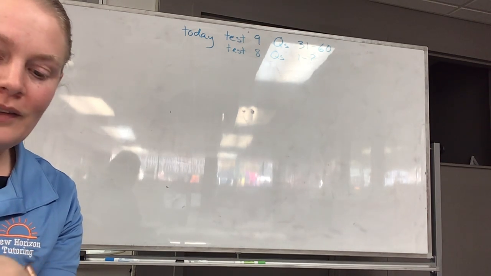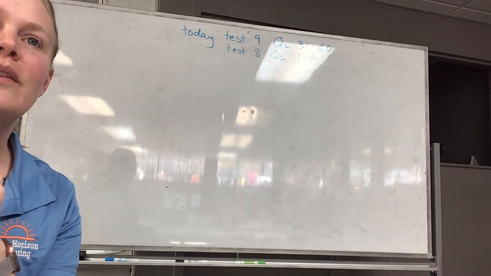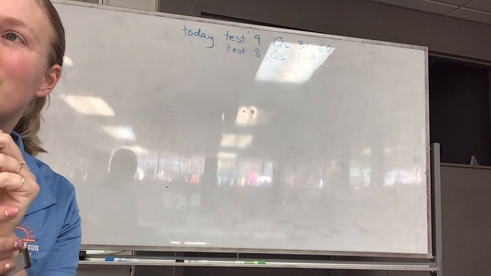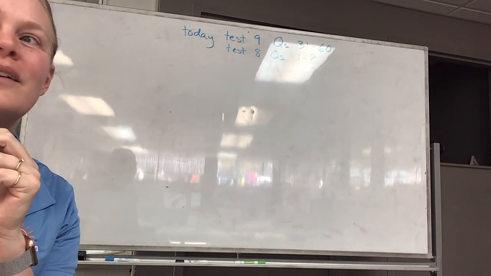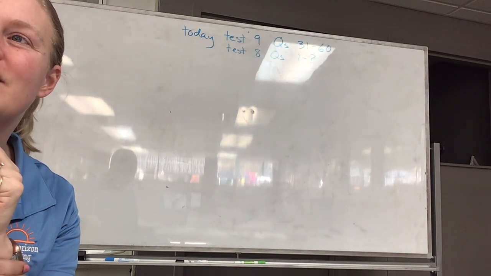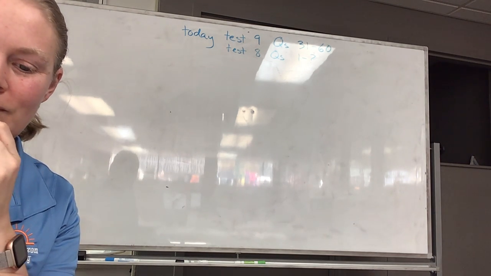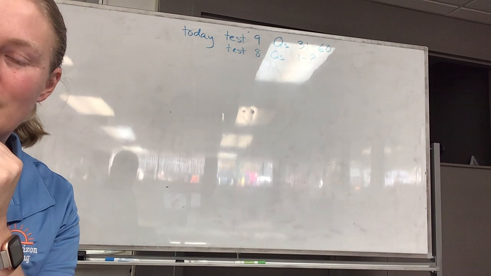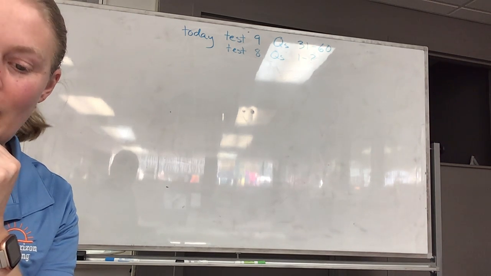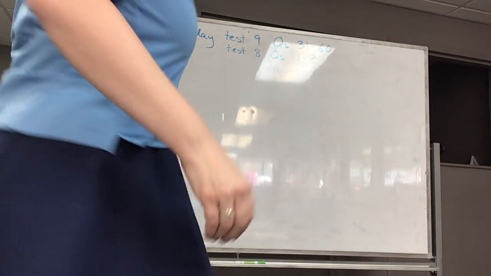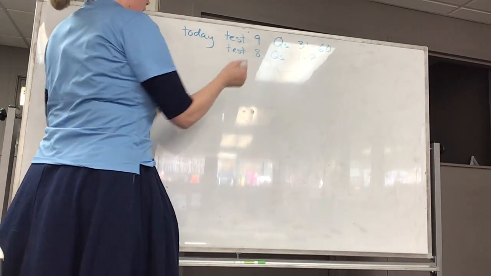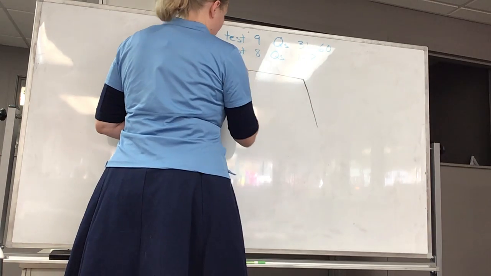42. This has one of my stars next to it. This means that I think that this one's a little tricky. Did anybody catch the trick? Okay. So, quick sketch. We've got a trapezoid.